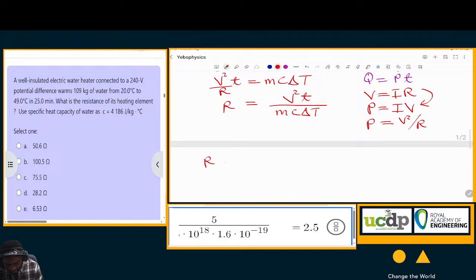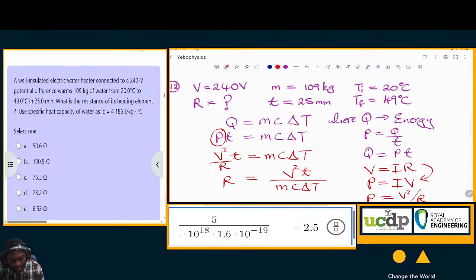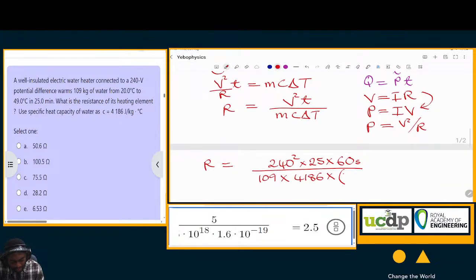So our resistance, which is what we're looking for, will be equal to our voltage squared times our time, which is 25 minutes, but remember the SI unit is seconds, divided by the mass, 109, times C, which is 4,186, times the change in temperature, which is final minus initial, so 49 minus 20.